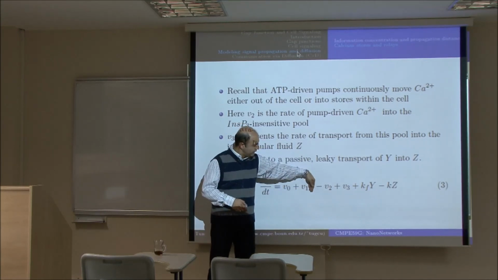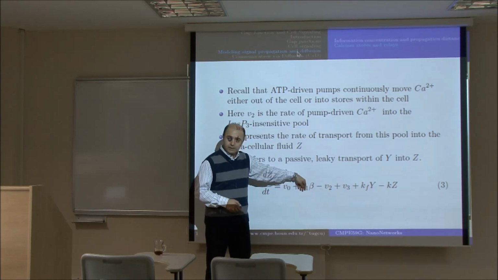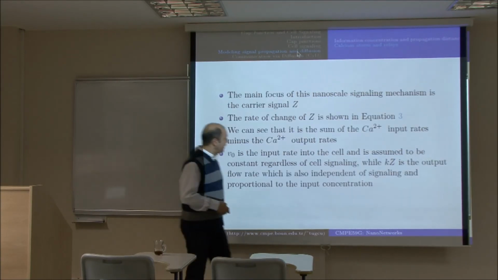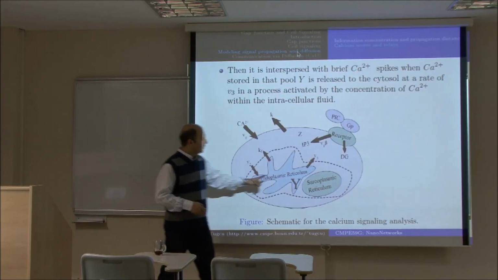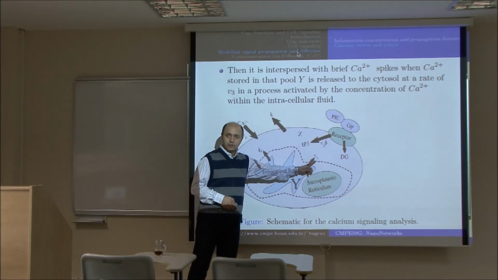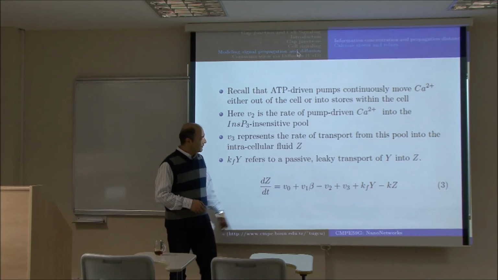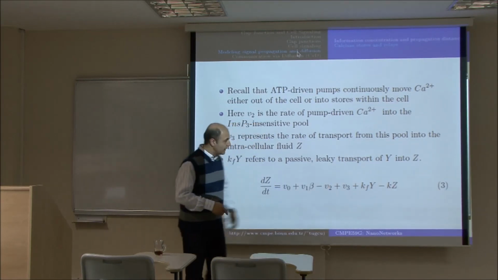IP3 molecules were generated with a rate of V1, and each one has an effect of beta. That's why it's V1 times beta. V3, as you will remember, is the release from the calcium pool. So we have that V3 there.